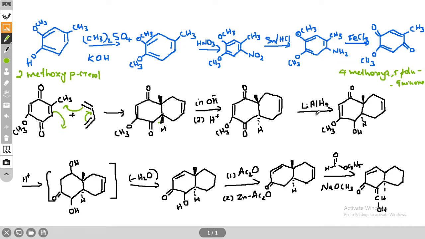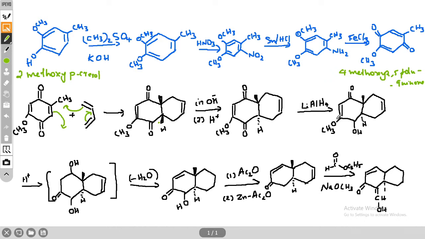Then it is treated with lithium aluminum hydride. We know that lithium aluminum hydride is a good reducing agent. Then one of these carbonyl groups is reduced to OH. Then it is acidified. What happens is this bond is hydrolyzed, and when it is hydrolyzed, it is like an enol form.